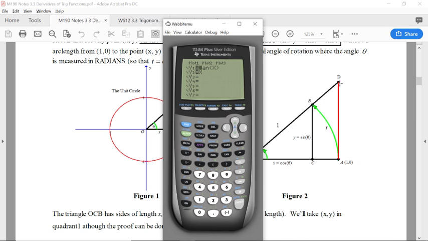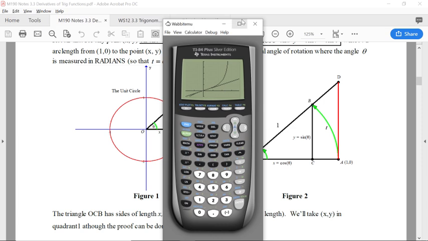If we graph those two on the same screen here in quadrant 1, you can see that, except at the intersection point at the origin, the curve y equals tangent of x, and we can zoom in to see even more so, is always above the graph of y equals x.